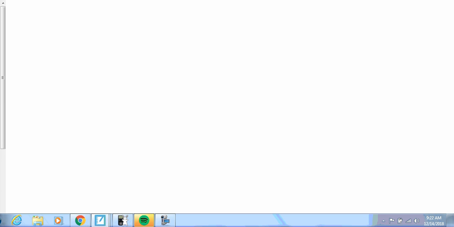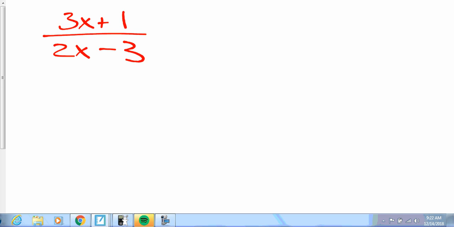So, here's what I want you to think about. f of x equals 3x plus 1 over 2x minus 3. What does that look like on the coordinate plane?